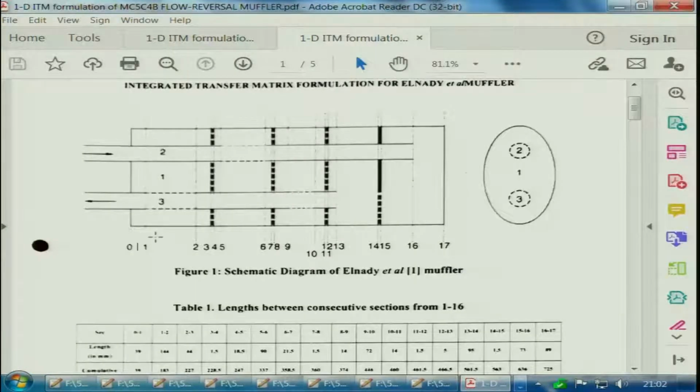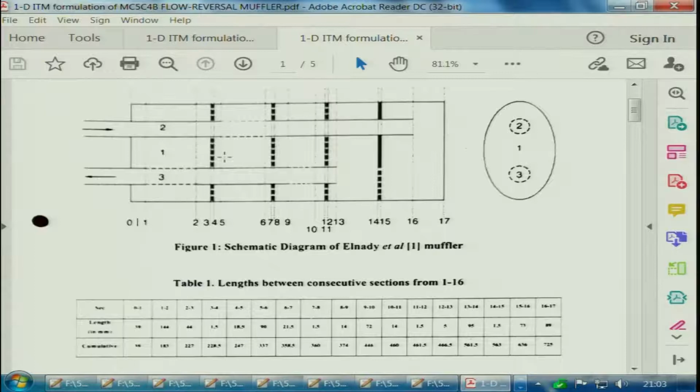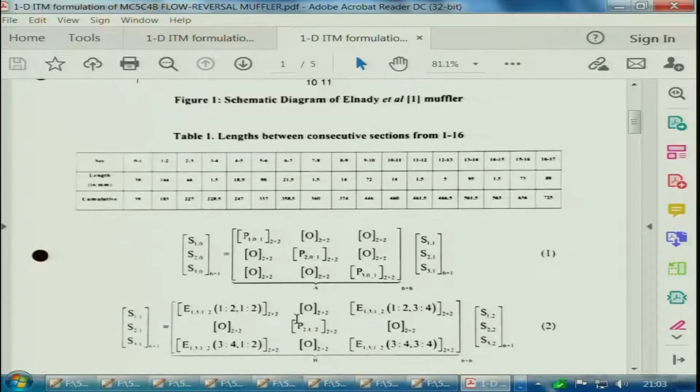Now, come to the part between 1 to 2. This is a bit more complicated, because elements 1 and 3 are coupled through a perforated element, but 2 just has a perforated thing. So for 2 we do not have any problem here.